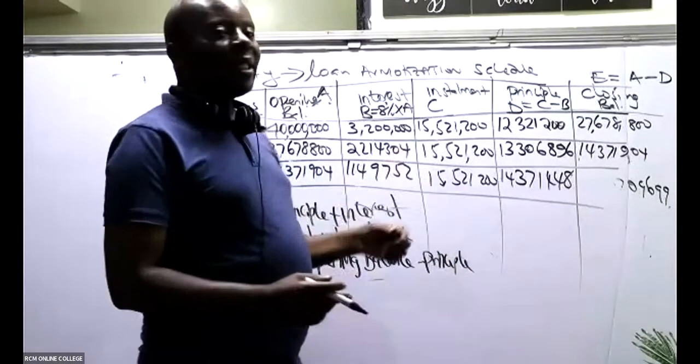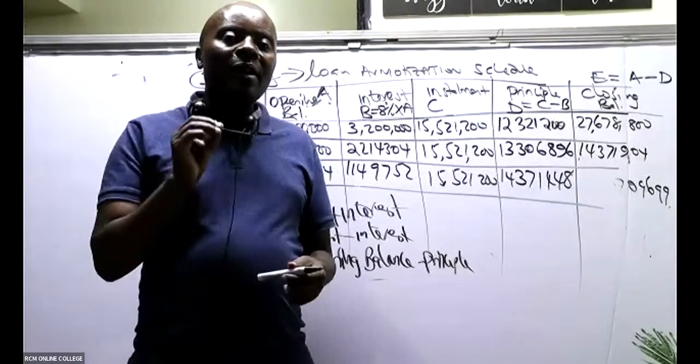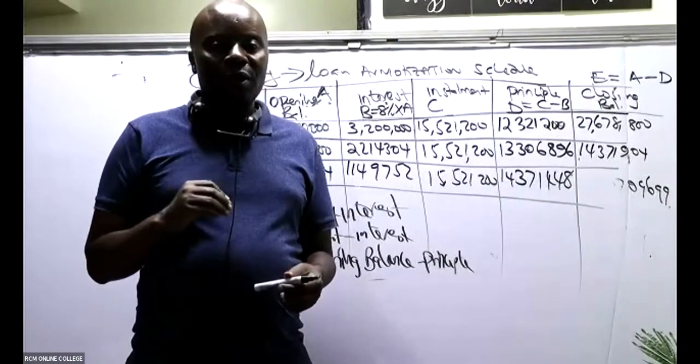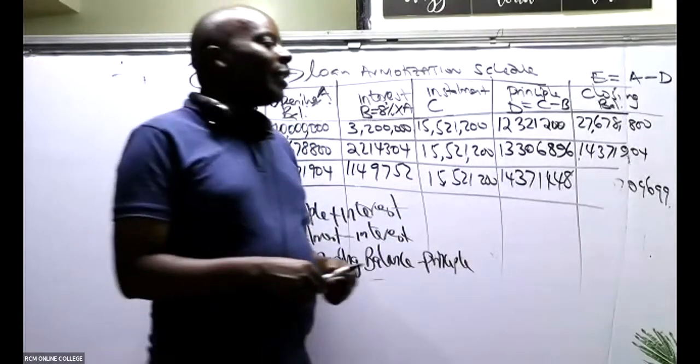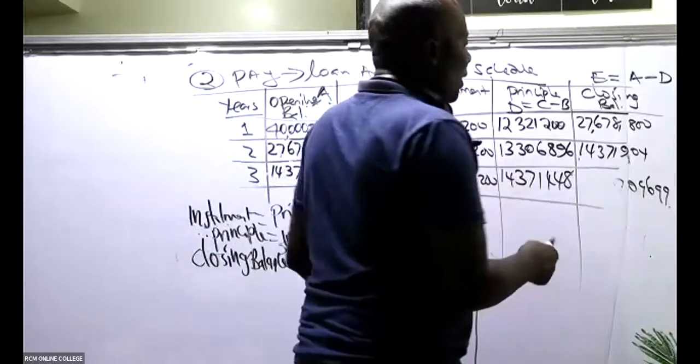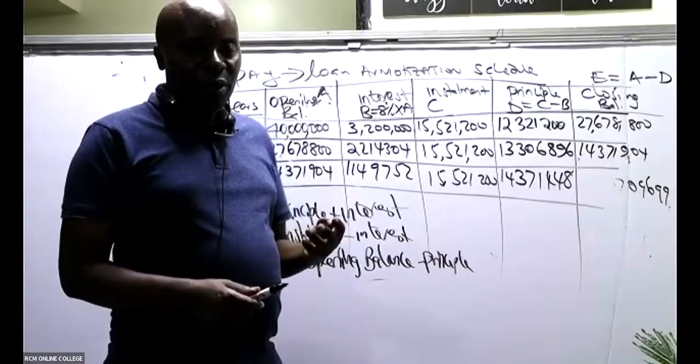I know that these numbers, especially when they are big numbers like this, rarely will they amortize to 0. But I don't have to show the examiner that I don't know. Even if I'm getting 300, 400 out of 40 million, it is nothing.